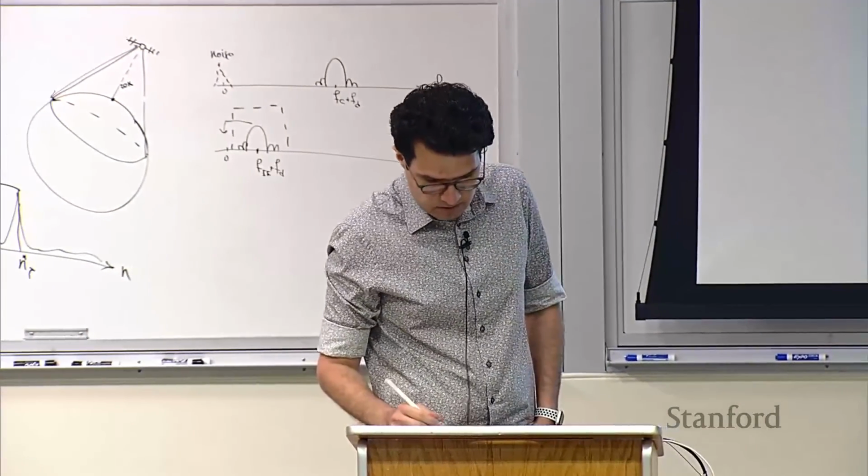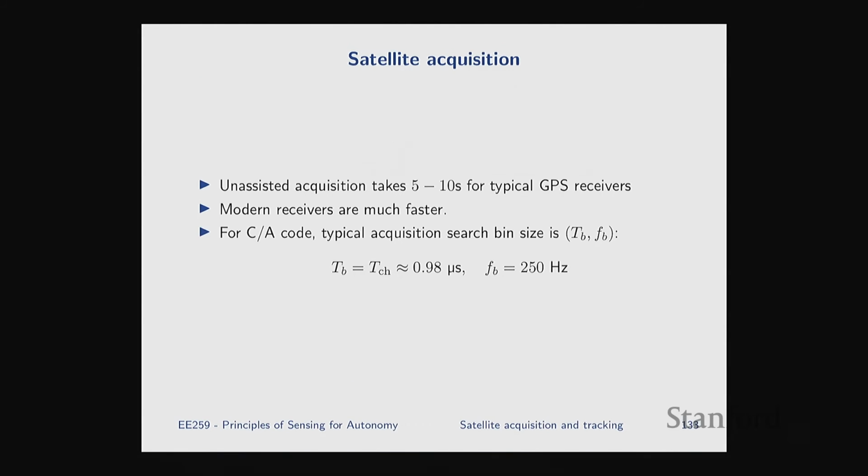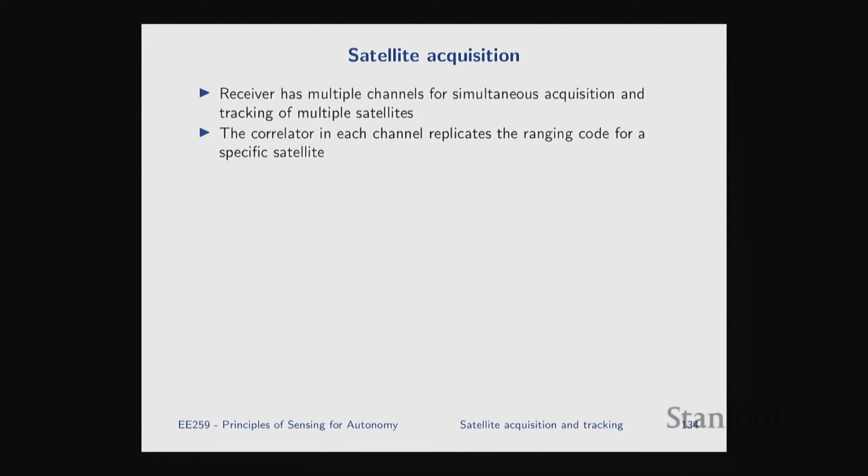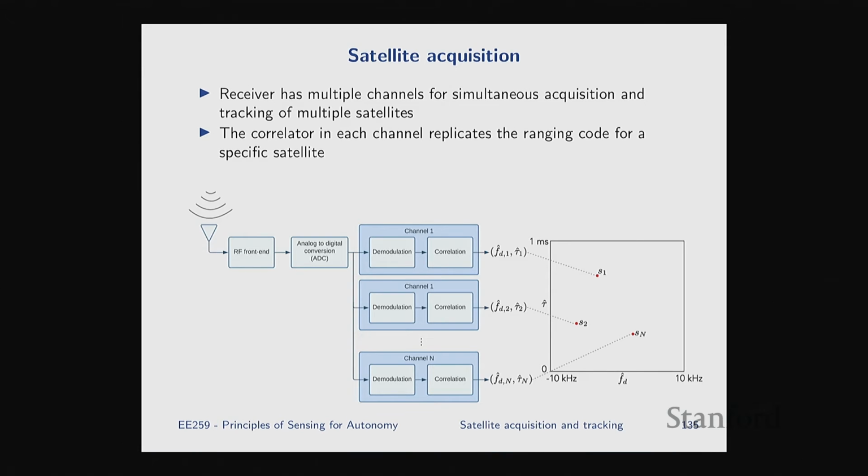No? All right, so that's the acquisition step. What you want to do is acquire multiple satellites. For that, imagine that the receiver has multiple copies of the signal chain that I showed you in parallel. Your signal is coming in, and when it comes to Doppler compensation and the correlation, the receiver can have multiple channels, each of them acquiring and tracking a specific satellite.